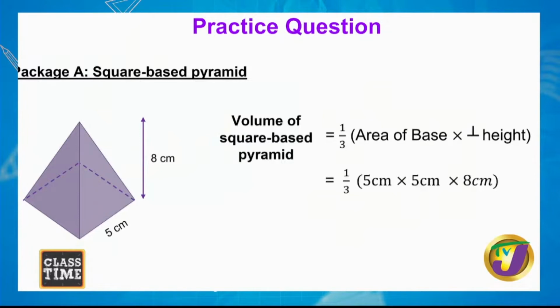The base is a square, so length and width are equal. We substitute 5 centimeters, and 8 centimeters for the perpendicular height, and then simplify: 66.7 cubic centimeters.